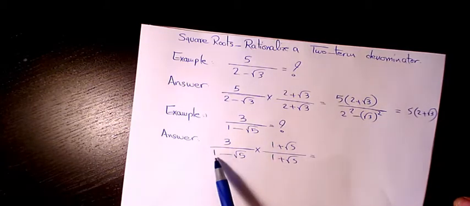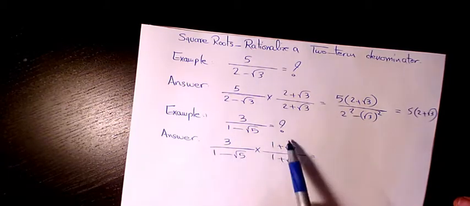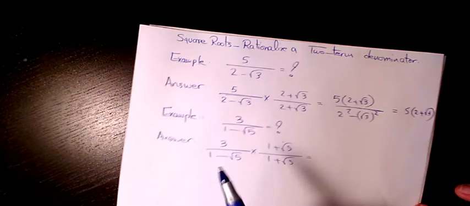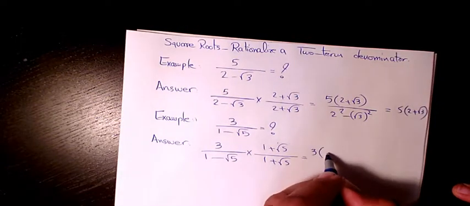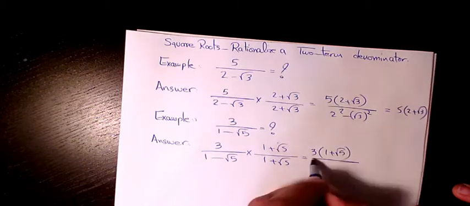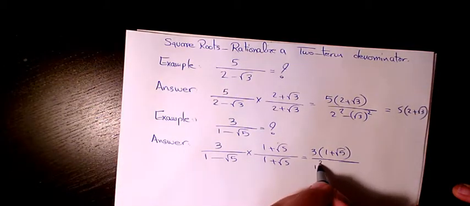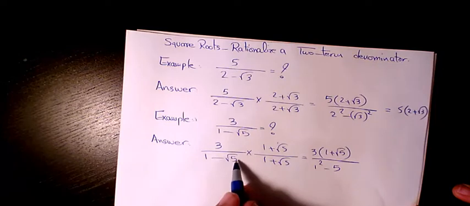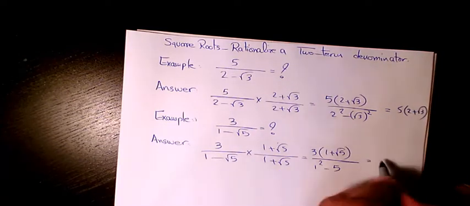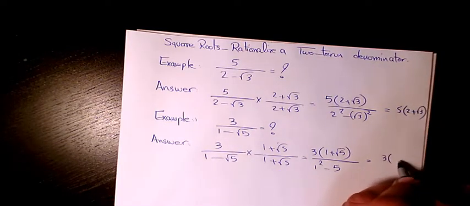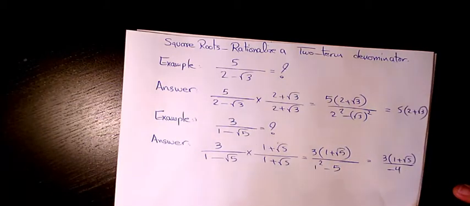As you see here, we just multiply and divide by the conjugate of this term. So it's going to be 3 times 1 plus root 5 divided by 1 squared minus root 5 squared, which is going to be 5. So we have 3 times 1 plus root 5 divided by negative 4.